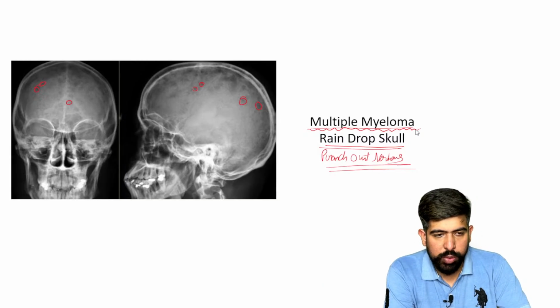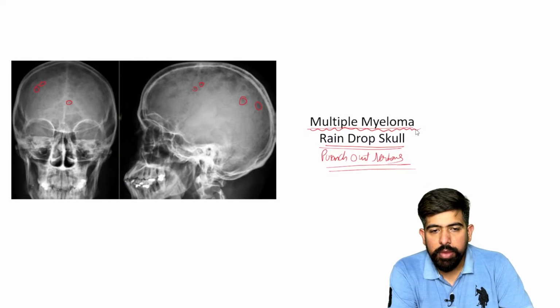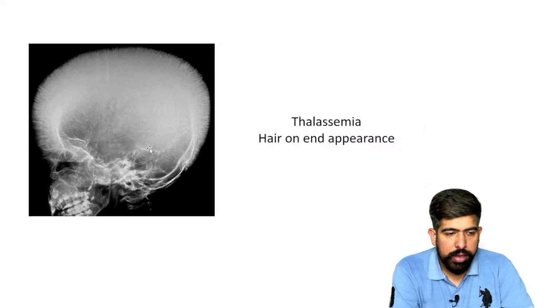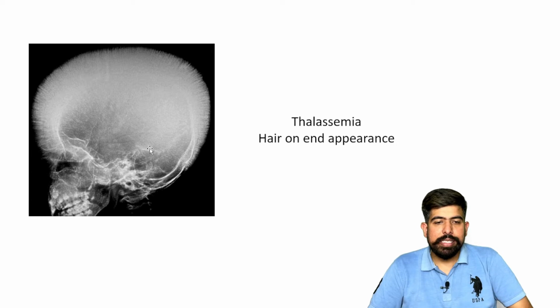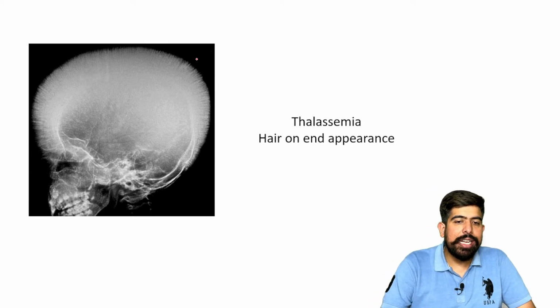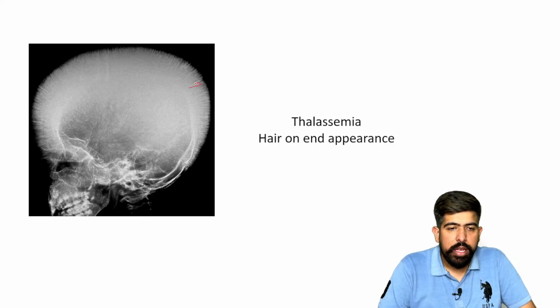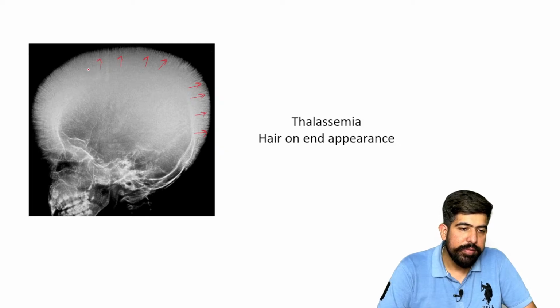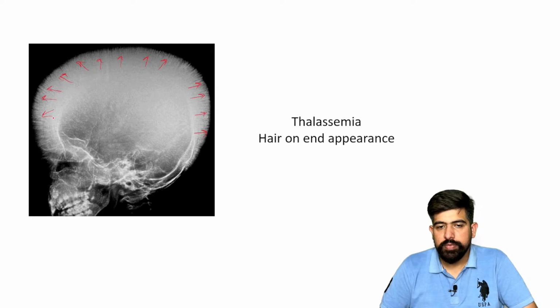Multiple myeloma. Now moving forward, in the next image you guys can see over here that on the skull it seems like there is hair growth, or it seems that the x-ray captured the hairs, but it is not possible, guys, right, that hairs are visible on x-rays, but it seems so, right?